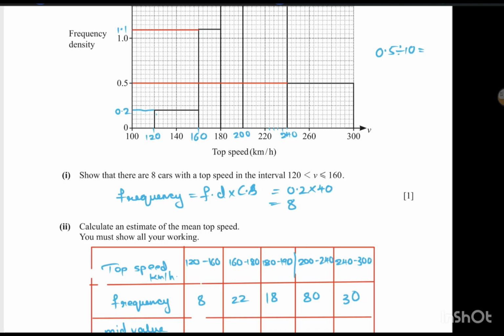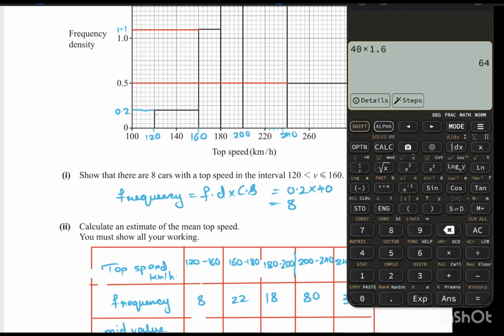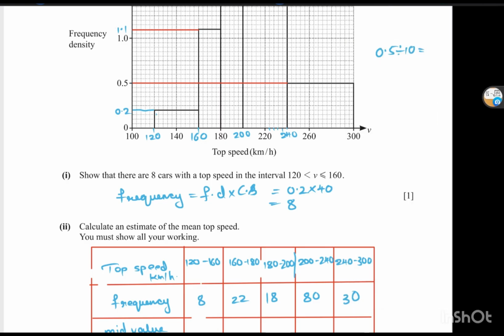And here this will be 180 to 200. This also will change. So 180 to 200, and here it will be 1.8 into 20, 36. So this will also change. Frequency is 36, 64.